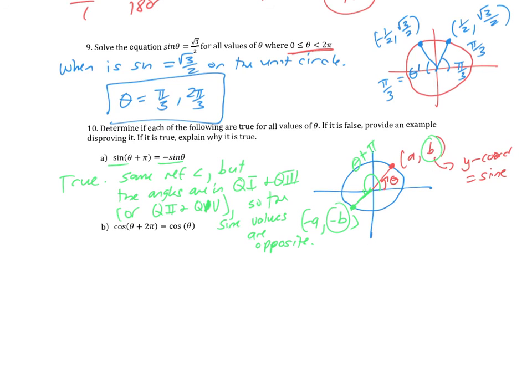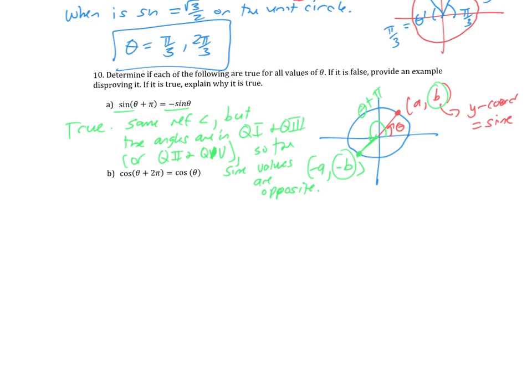Okay, what about cosine of theta plus 2 pi is equal to cosine theta? If we think about the unit circle, I pick some angle, let's say this is theta, and then I find the angle theta plus 2 pi. That means I go one full revolution again.